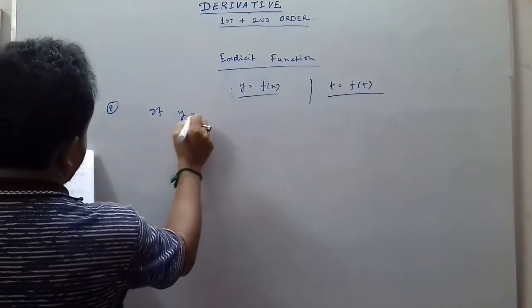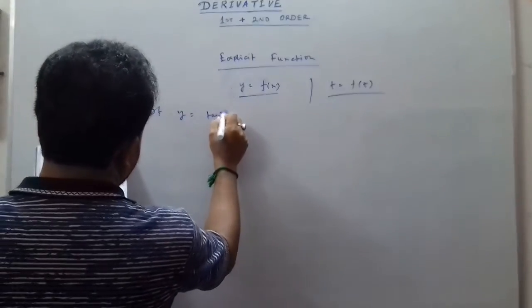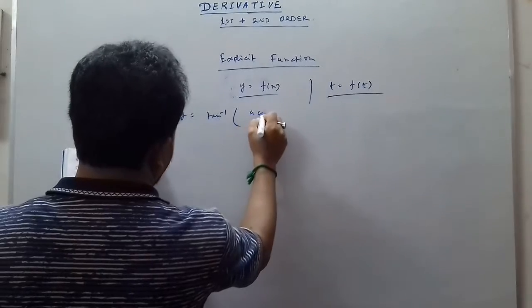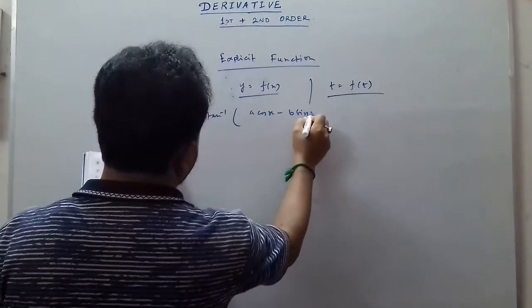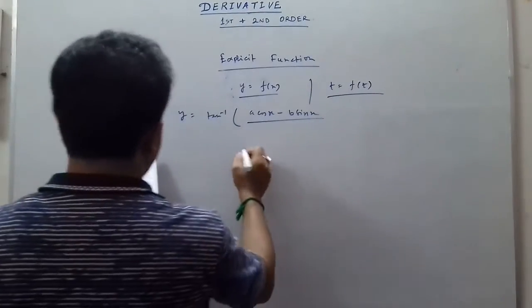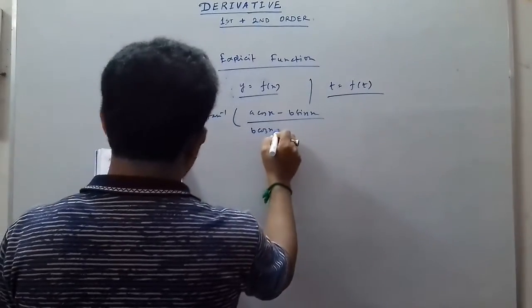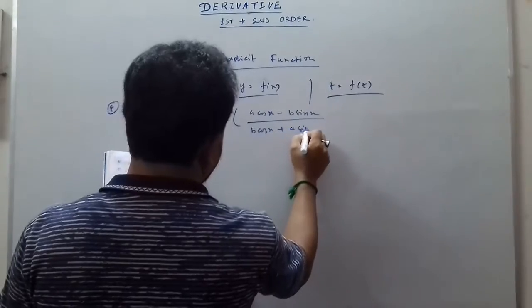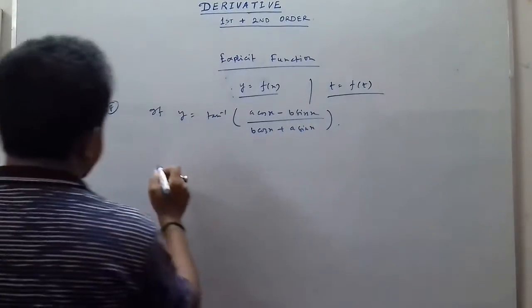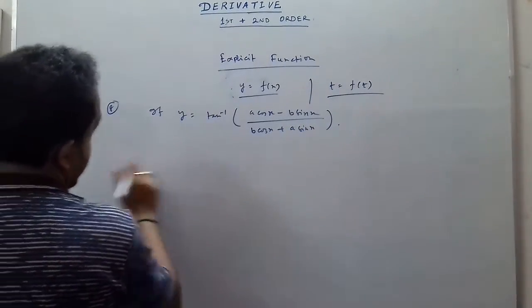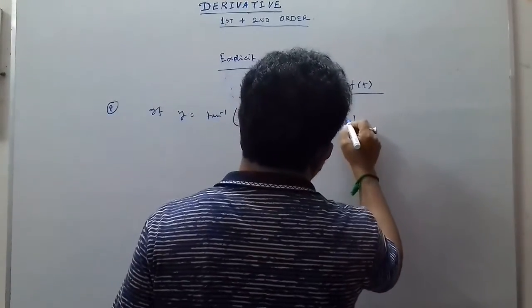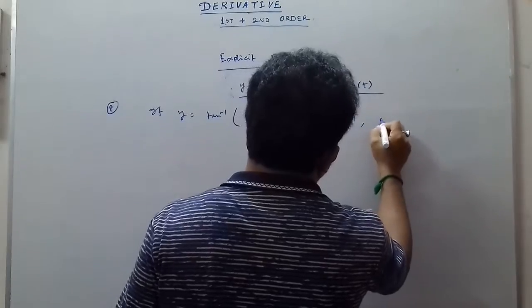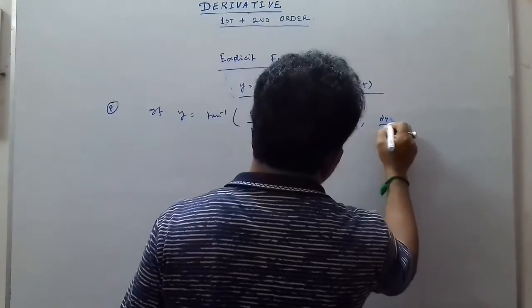If y is equal to tan inverse of a cos x minus b sin x whole divided by b cos x plus a sin x, now show that derivative of y with respect to x is equal to minus 1.